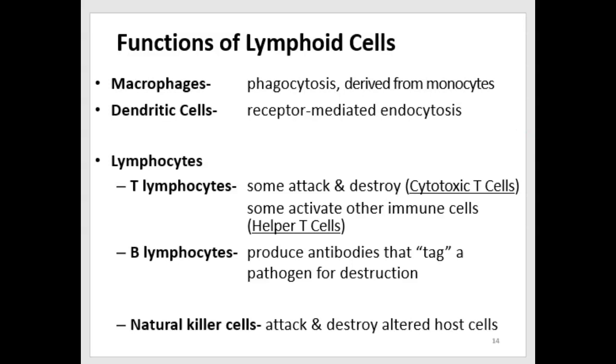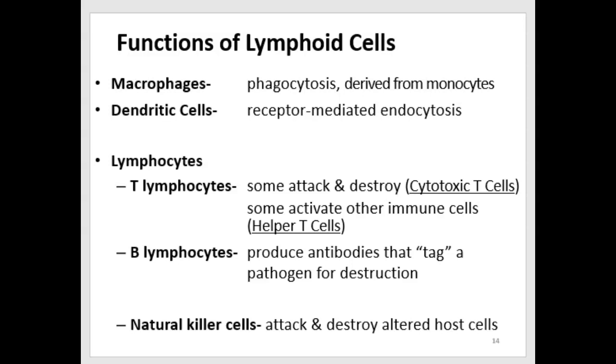Now the dendritic cells are located in the submucosa of the skin. And they also perform a kind of phagocytosis, sort of, but they use receptors to bind to foreign cells or foreign agents, rather than engulfing.